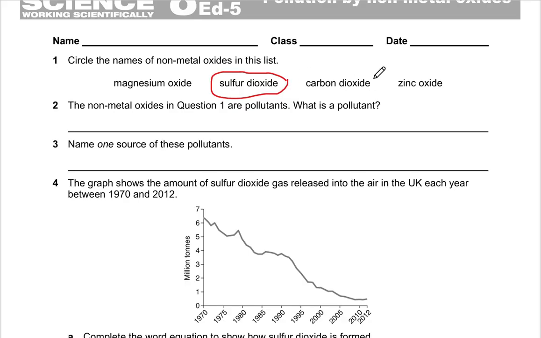Carbon dioxide? Non-metal. Now, if you are not so sure, if you have a periodic table with you, you can just refer to it. It tells exactly what are the metals and non-metals. I will show you right after this lesson. Right, zinc oxide, it is a metal oxide.